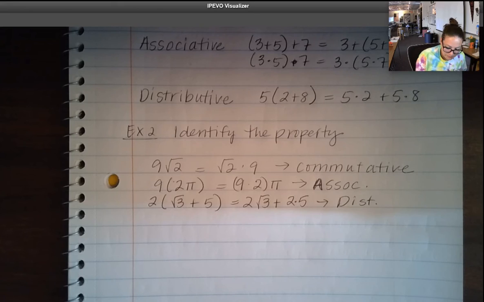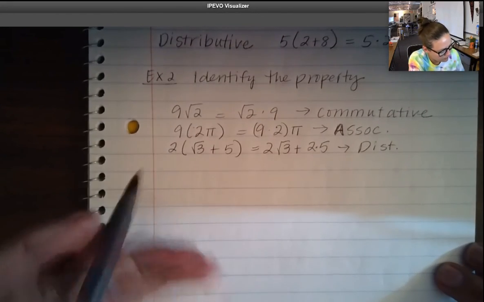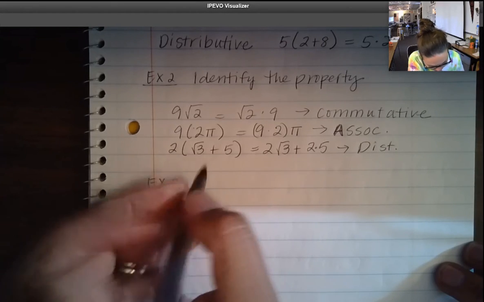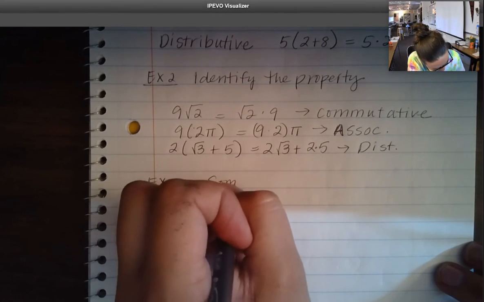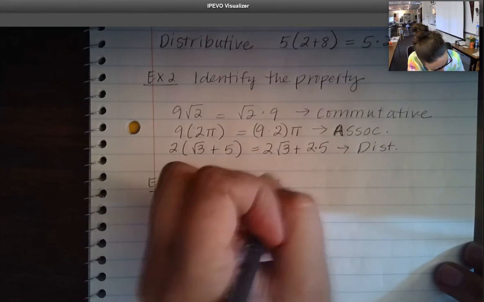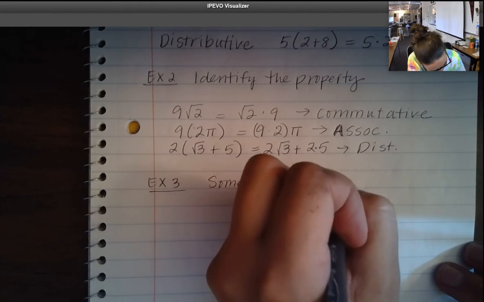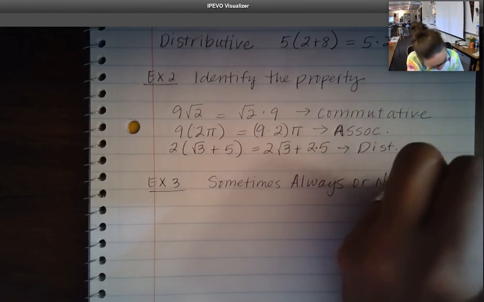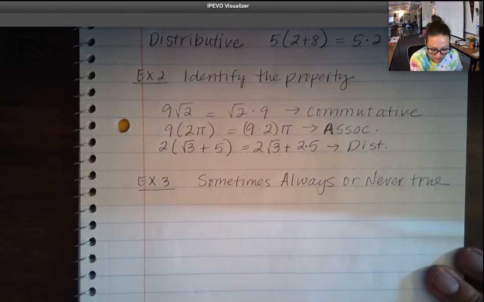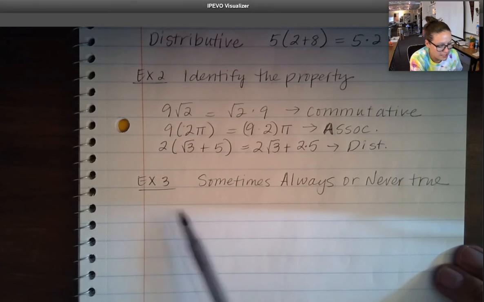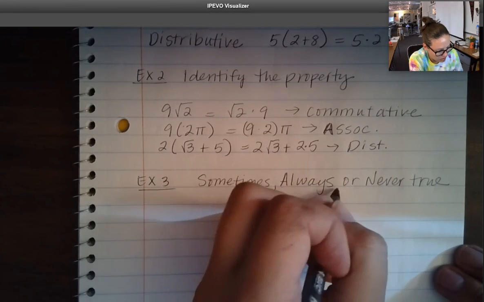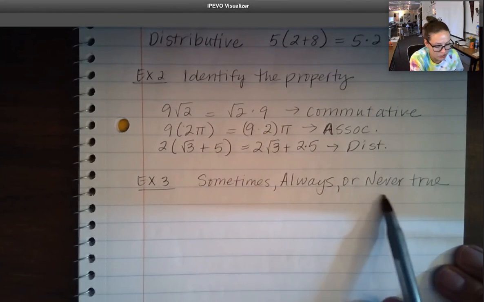All right. Example 3. Sometimes, always, or never true. I'm going to write a statement, and you have to decide if it's sometimes, always, or never true.